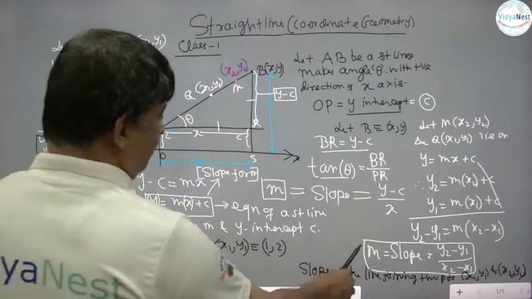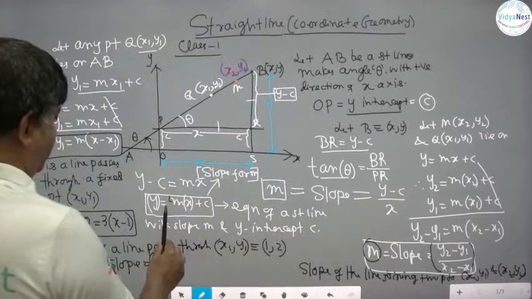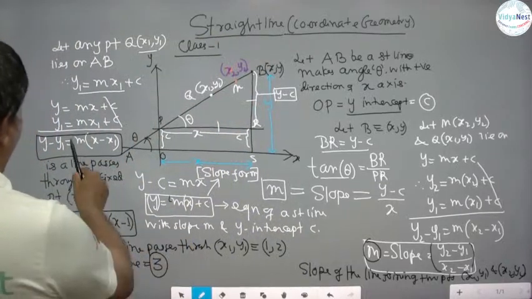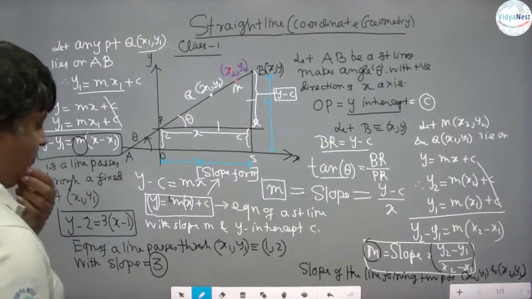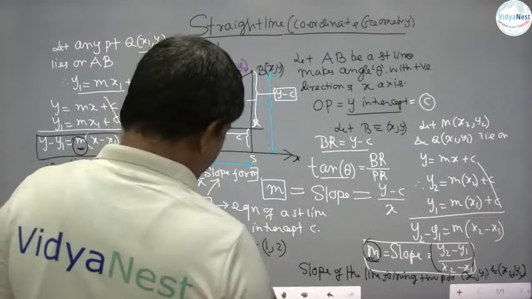That value of m will be put here. Join this m and this m. See the outcome.